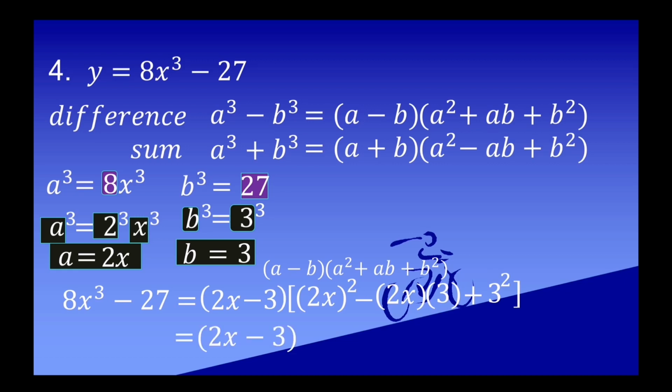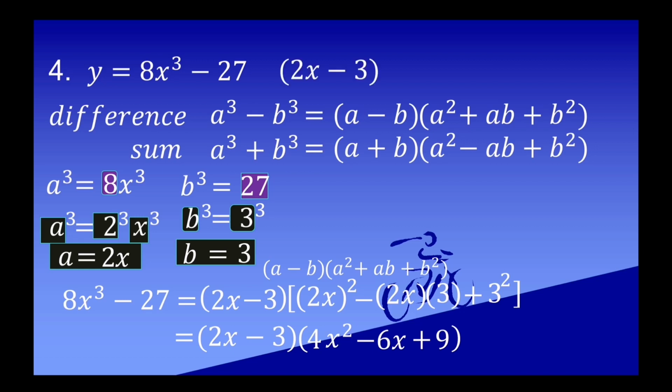Then copy 2x minus 3. Then the exponent of 2 squared is 4. Then our x squared. Then the product of 2x and 3, then negative 6x. Then plus 9.